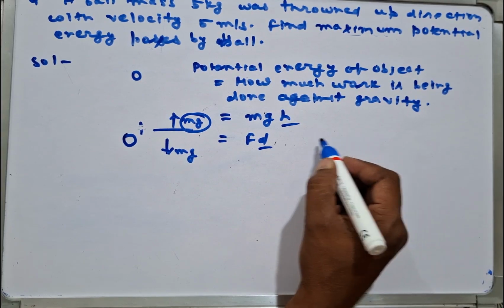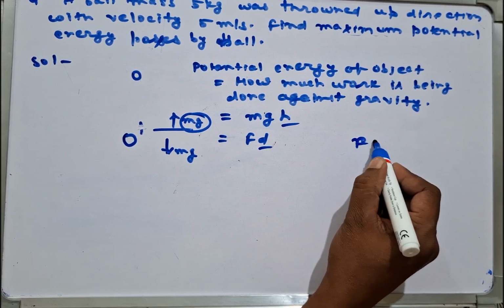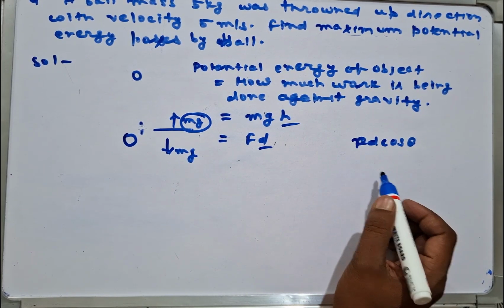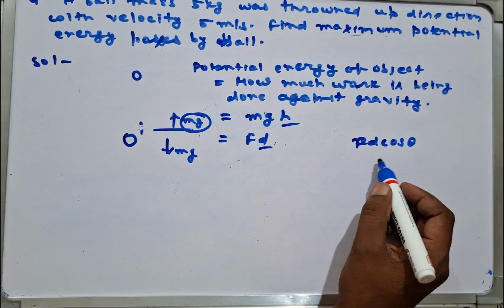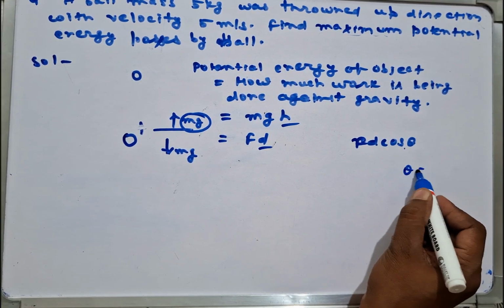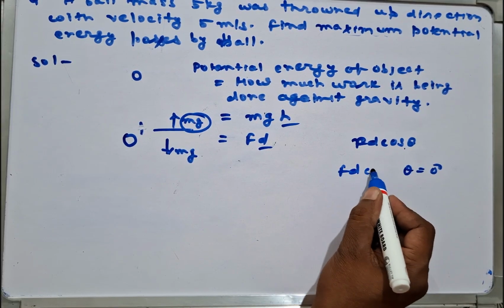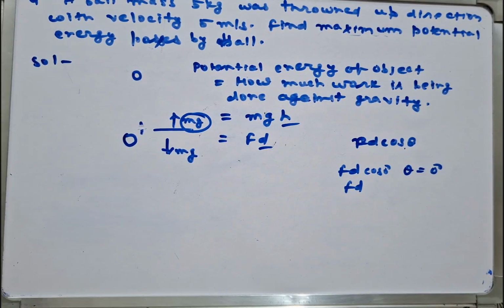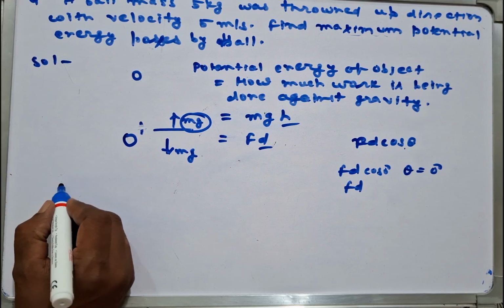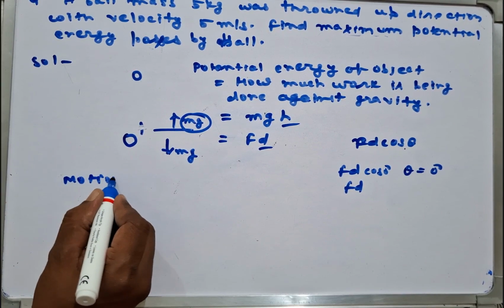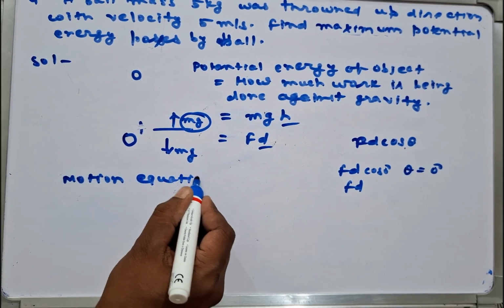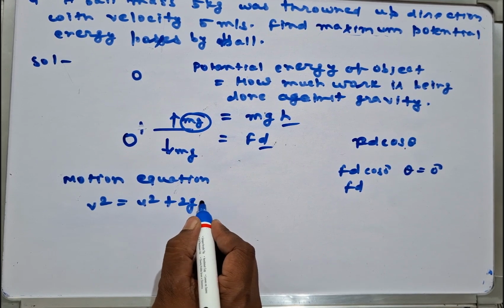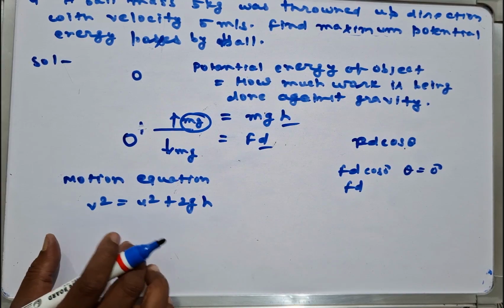If we apply this formula also, Fd cos theta, you also know when displacement and force are in the same direction, then theta equals 0 degrees, so Fd cos 0 degrees, or this is Fd. So this is mgh. Now you know the motion equation, V square equals U square plus 2gh.